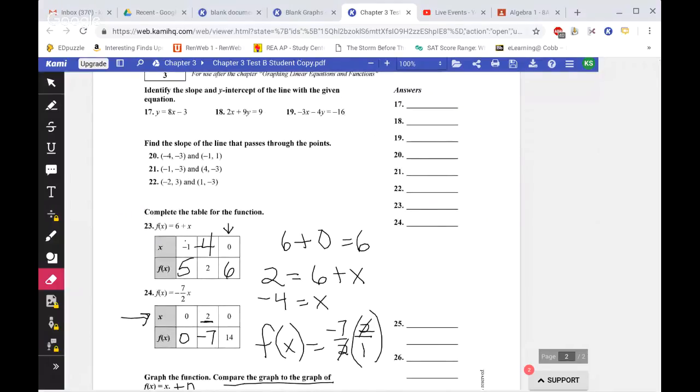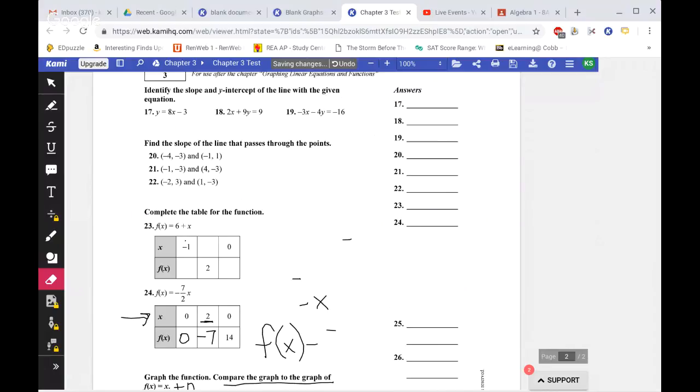Identify the slope and y-intercept. Does anybody want me to go over 17, 18? I did not have anyone email me about those, but now that I'm here, is there anyone that would like me to do that?